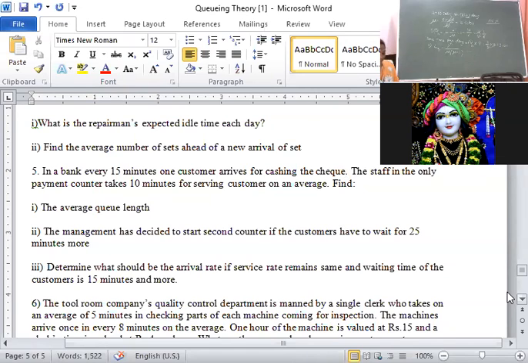One. Very good. 1.042, you have to round it off. 1 set. Very good. Remaining students also try it out. The answer is 1.042. Round it off, then you will get 1.